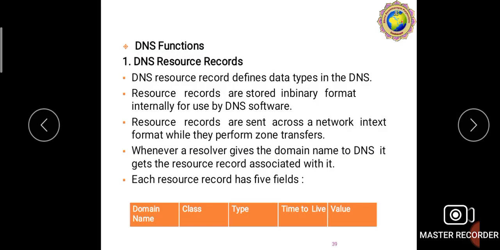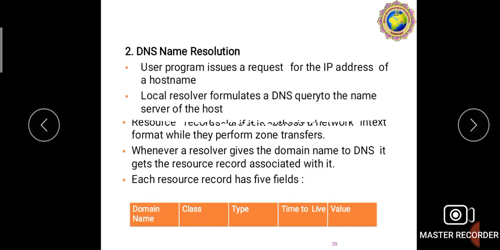Whenever a resolver gives the domain name to DNS, it gets the resource record associated with it. Each DNS resource record has 5 fields: domain name, class, type, time to live, and value. So this is our first function of DNS.